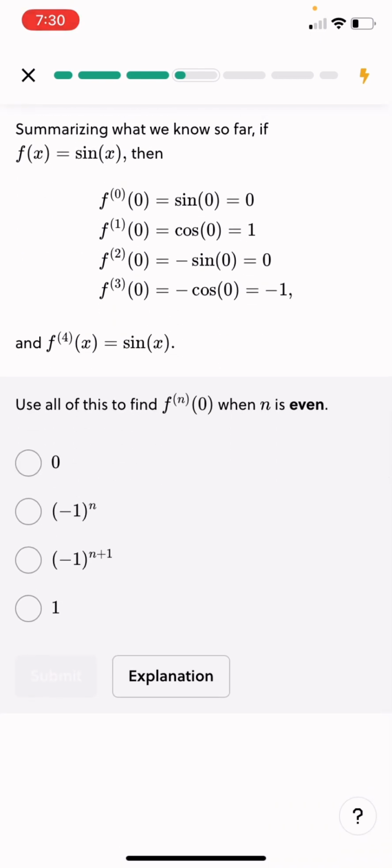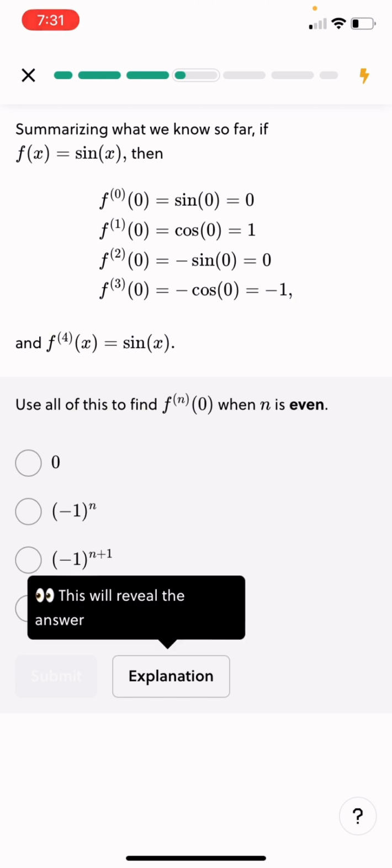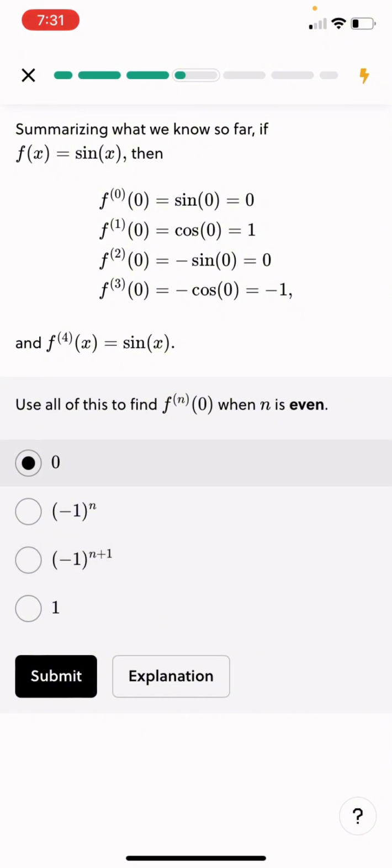Use all this to find f^n(0) when n is even. So we know that f^n(0), if n was even, would most likely be cos, or sin. Yeah, it probably would be negative 1. So 0 wouldn't make that much sense. I don't believe it would be 0.